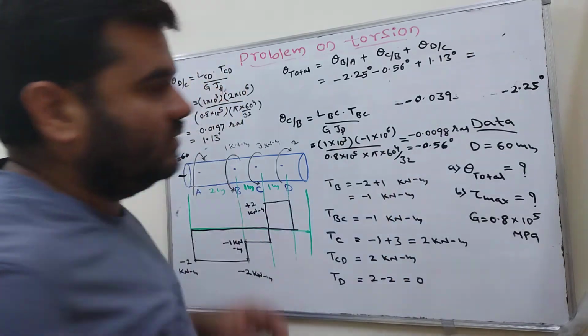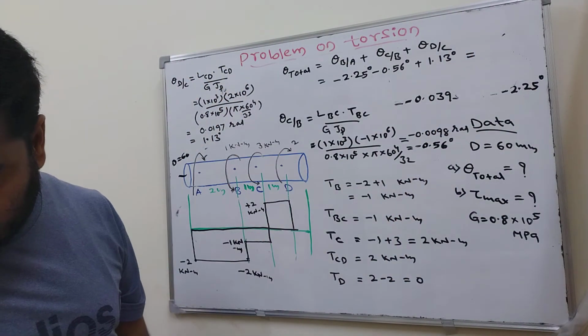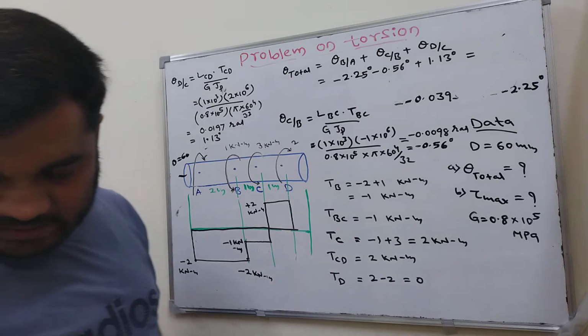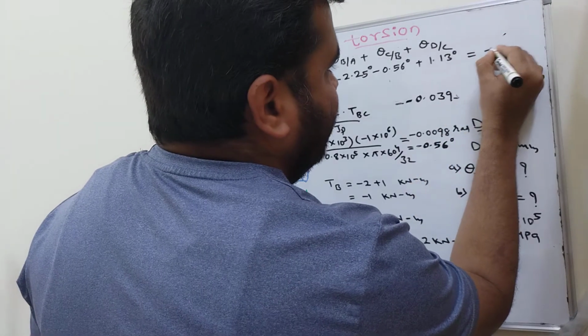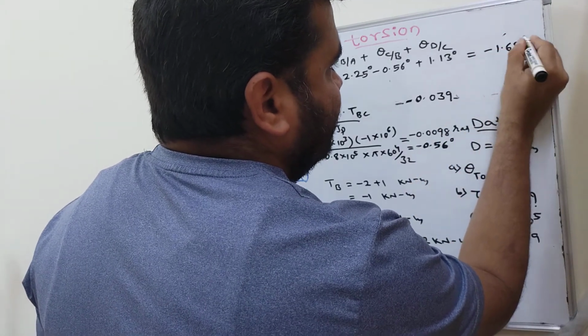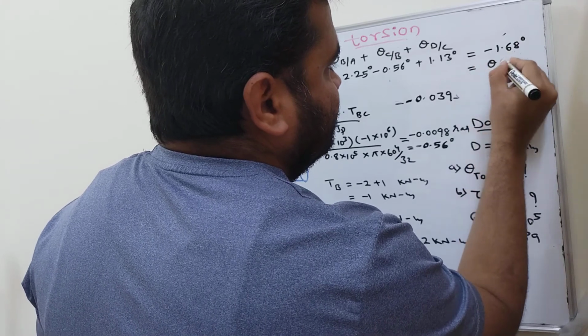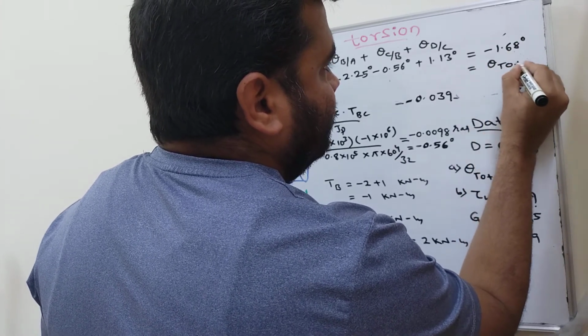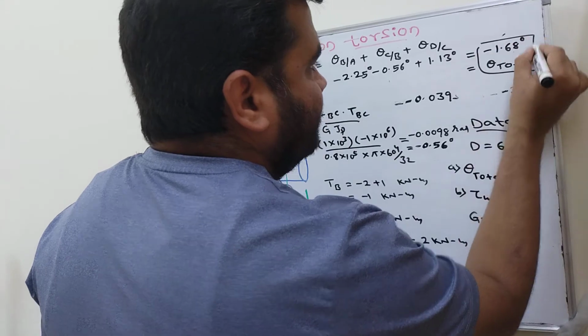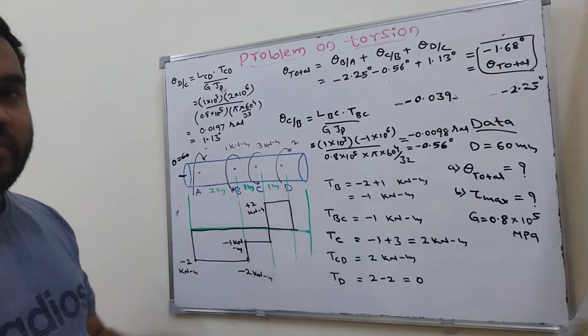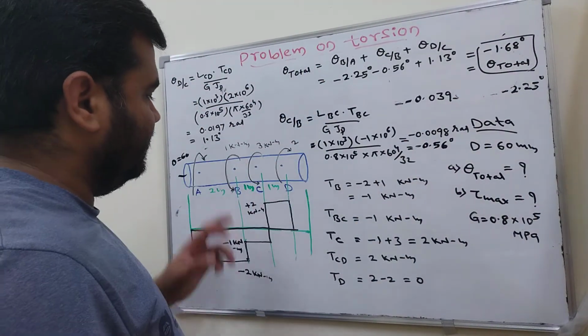This will be equal to the total angle of twist, minus 1.68 degree. That is the total angle of twist. Okay, this is how we need to calculate the total angle of twist here.